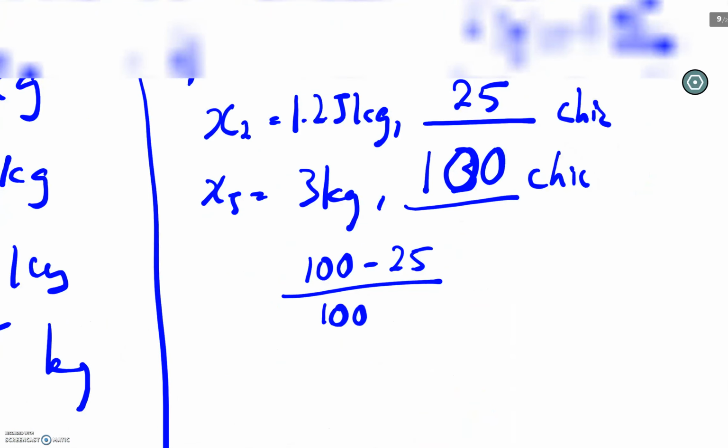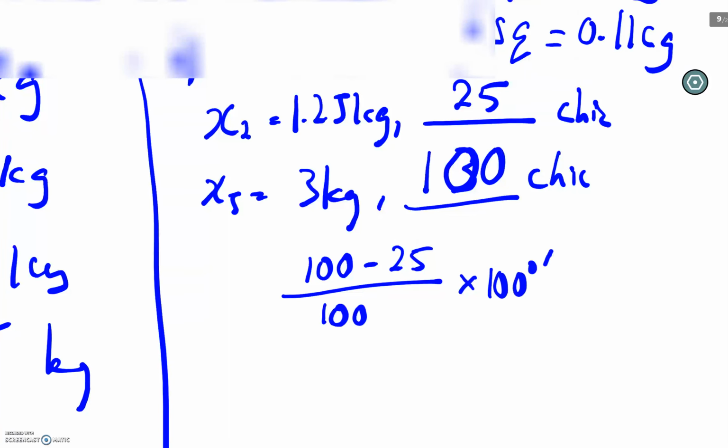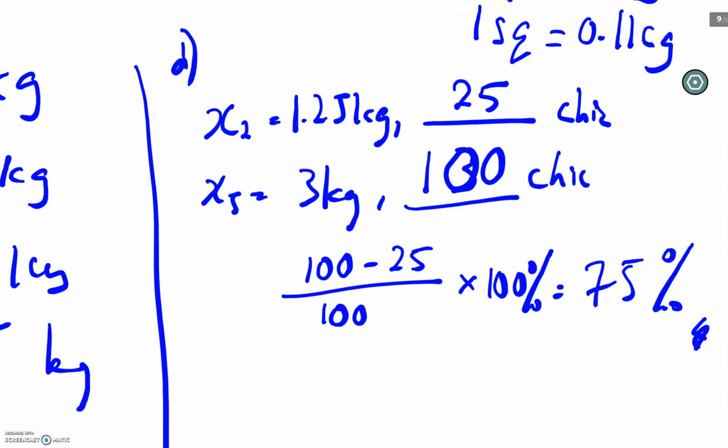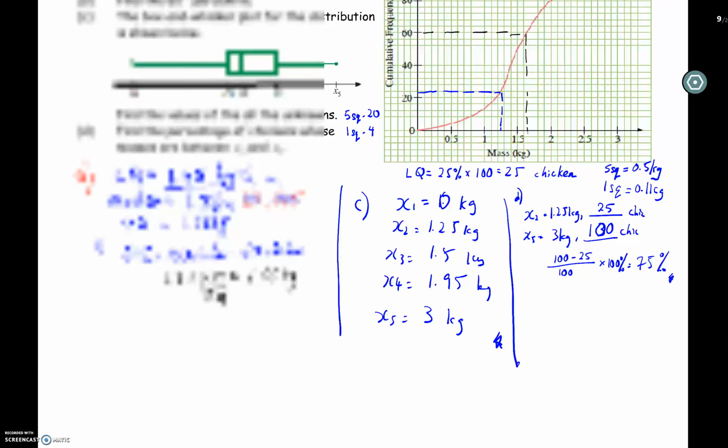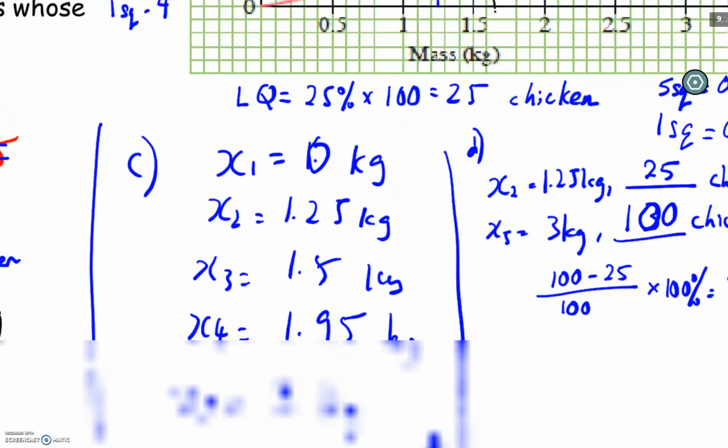Yeah, okay. 100 times 100%. So 75%. Yeah, it's the upper quarter. Okay, now go on to the next one. So you just mark all your answer. Okay, D.